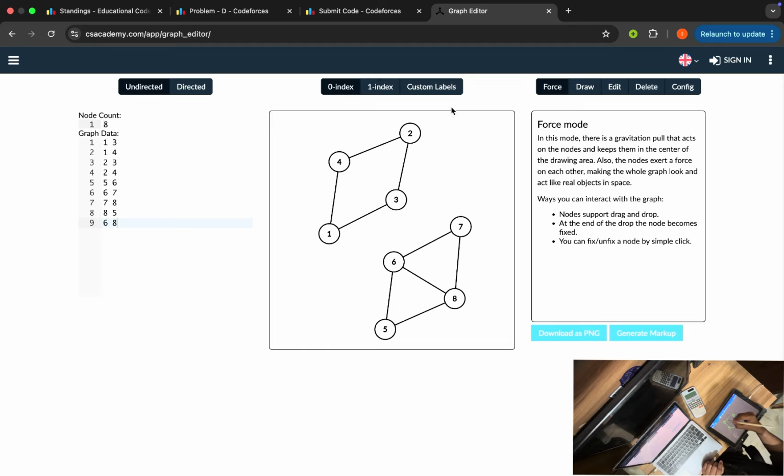Okay, if I do that and it connects there, then I have to do this, and this, and this. It's going to come to 6.